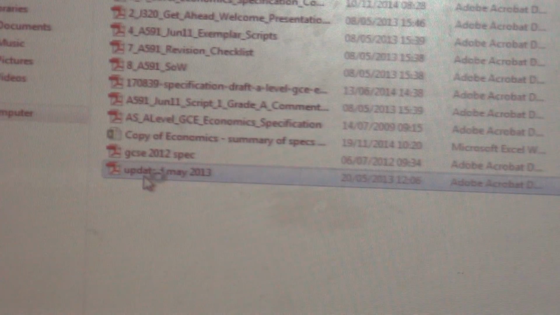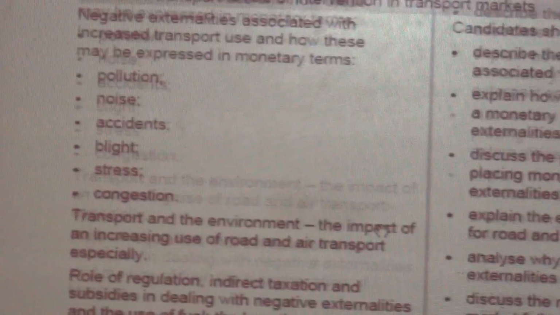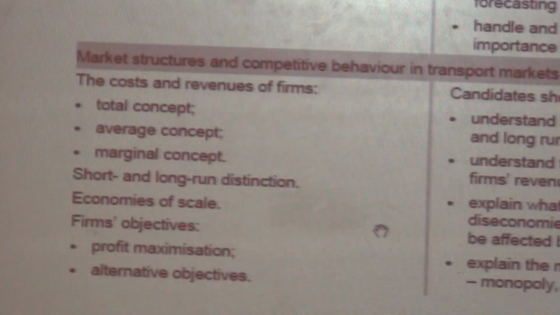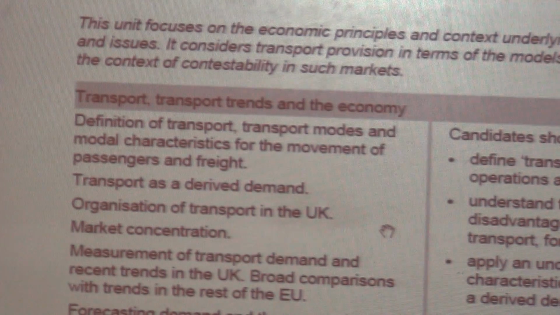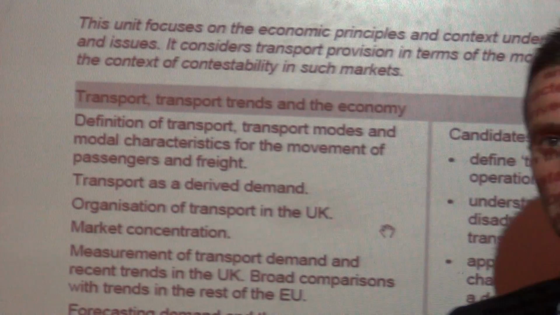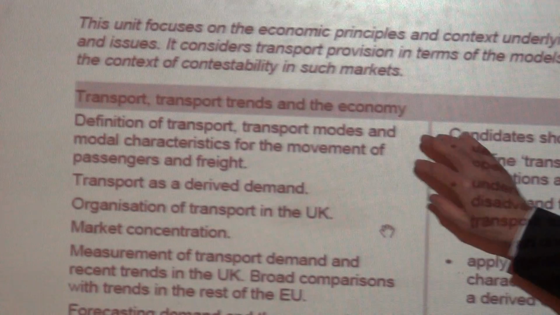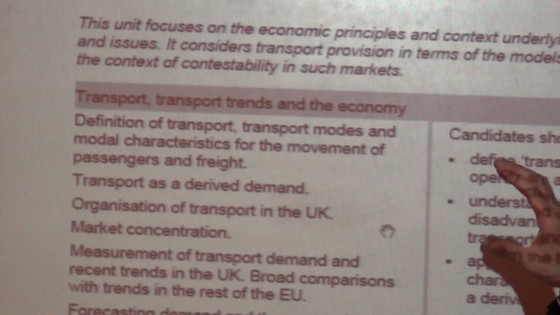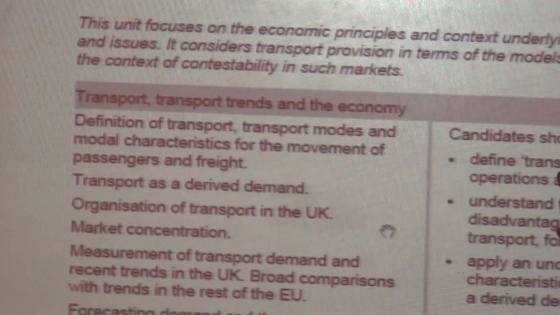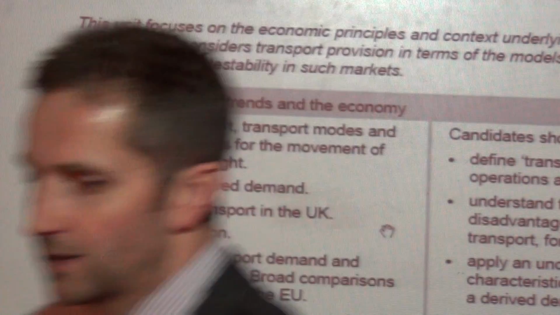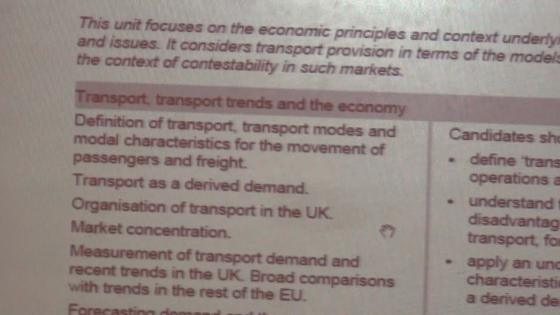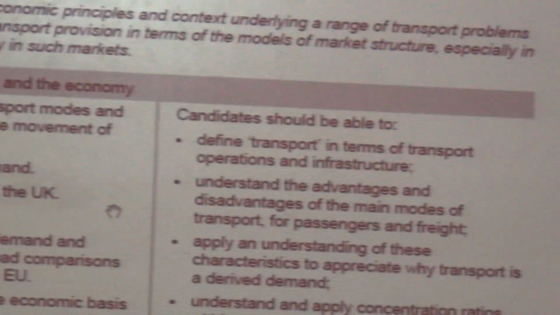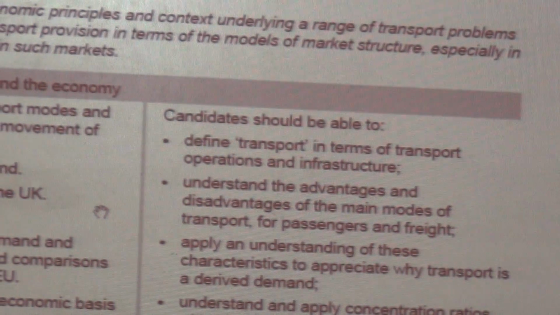Now I'm just going to bring up a copy of the specification here. You'll remember when we looked at the global economy paper, it was very easy to determine what the question would be whenever we looked at the "candidates should be able to" section on the right hand side.